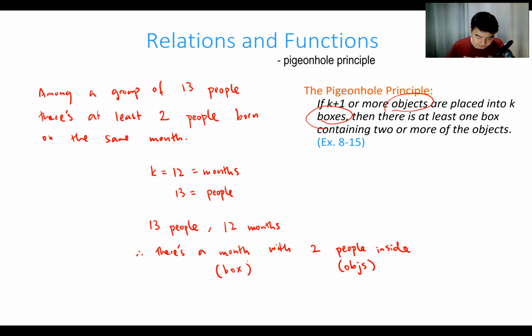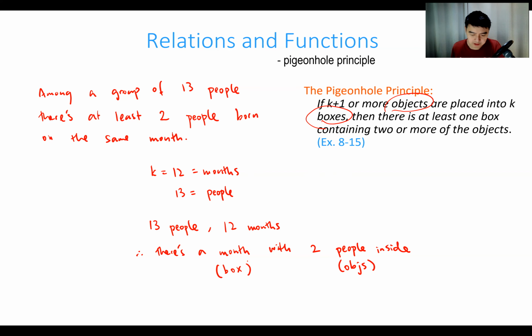Okay, so that is the idea of the pigeonhole principle, and I'm going to rewrite this statement many times. But again, let's try to get the gist of the pigeonhole principle. We're basically making an argument that one of these boxes, it doesn't matter which, I don't know which one it is, but there must be a box that has 2 objects inside, right? That has multiple objects inside, and a lot of times that is really the use of a proof like this.